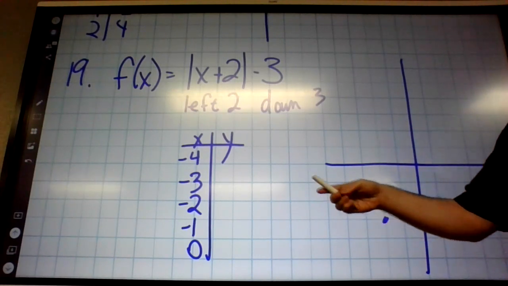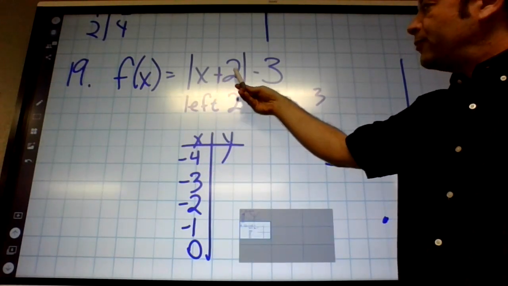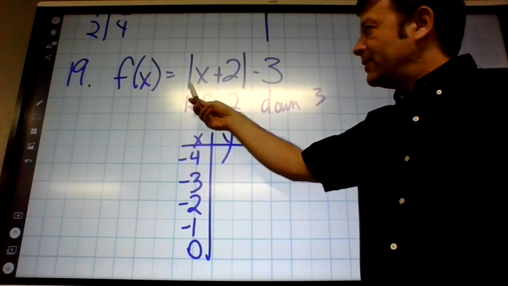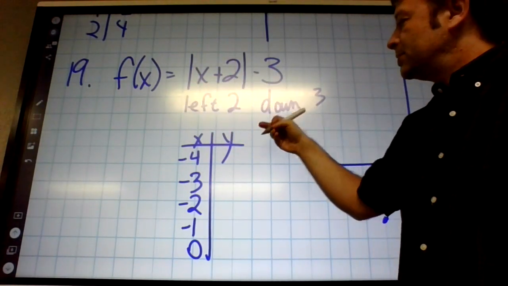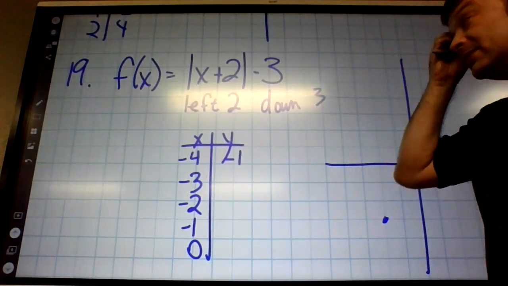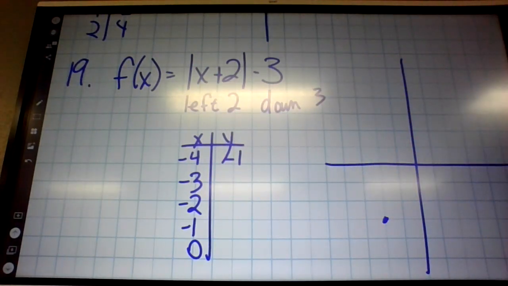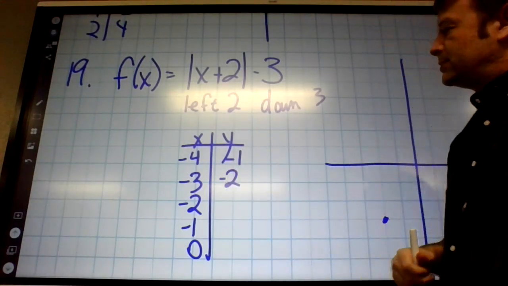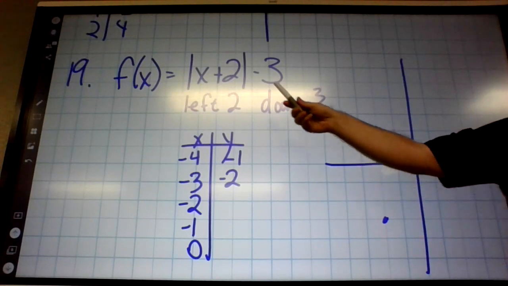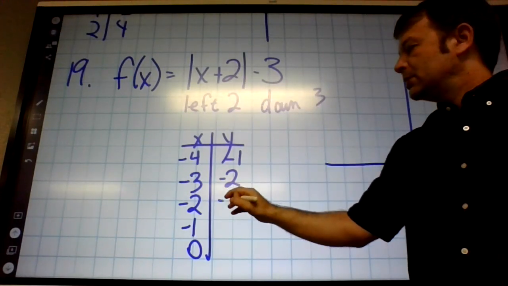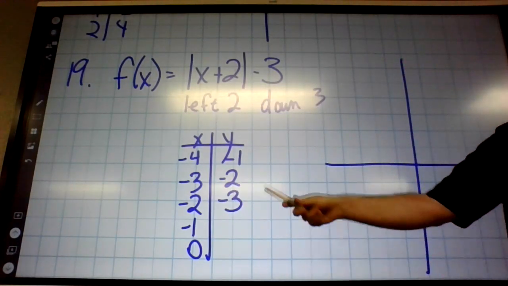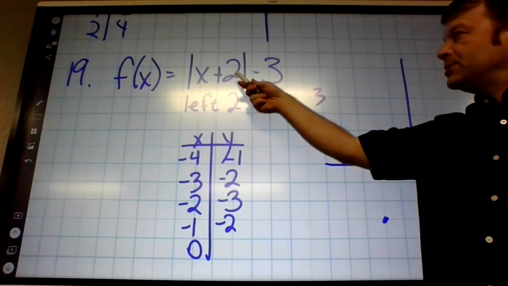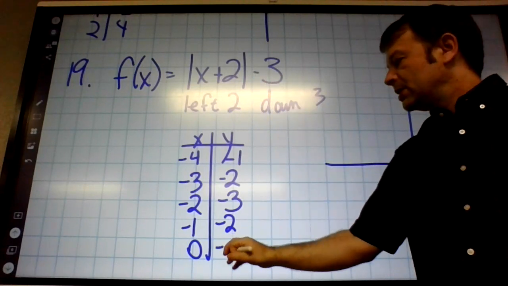But if I plug in -4, -4 plus 2 is -2. Absolute value, you have to use absolute value. 2, minus 3, is -1. -3 plus 2 is -1, absolute value is 1, minus 3 is -2. -2 plus 2 is 0, minus 3. -1 plus 2 is 1, minus 3. 0 plus 2 is 2, minus 3.